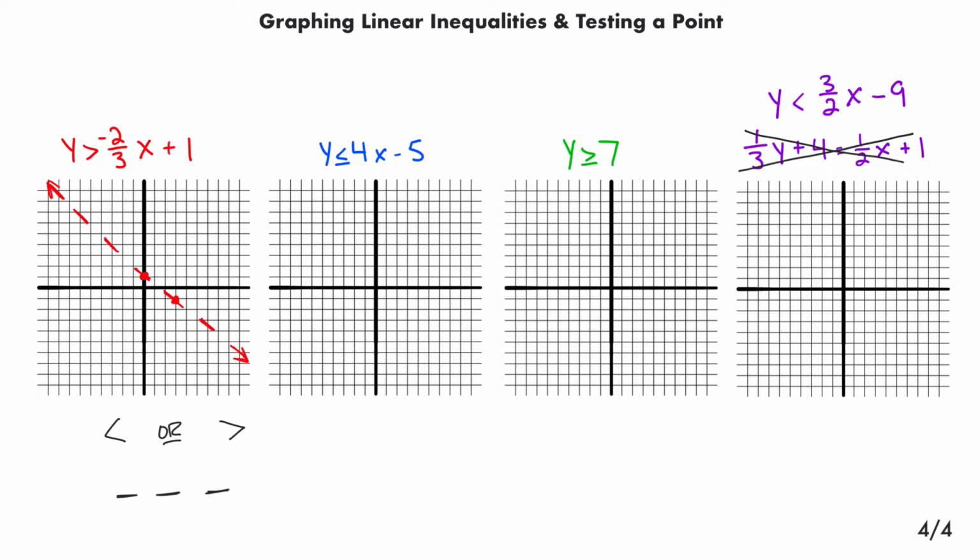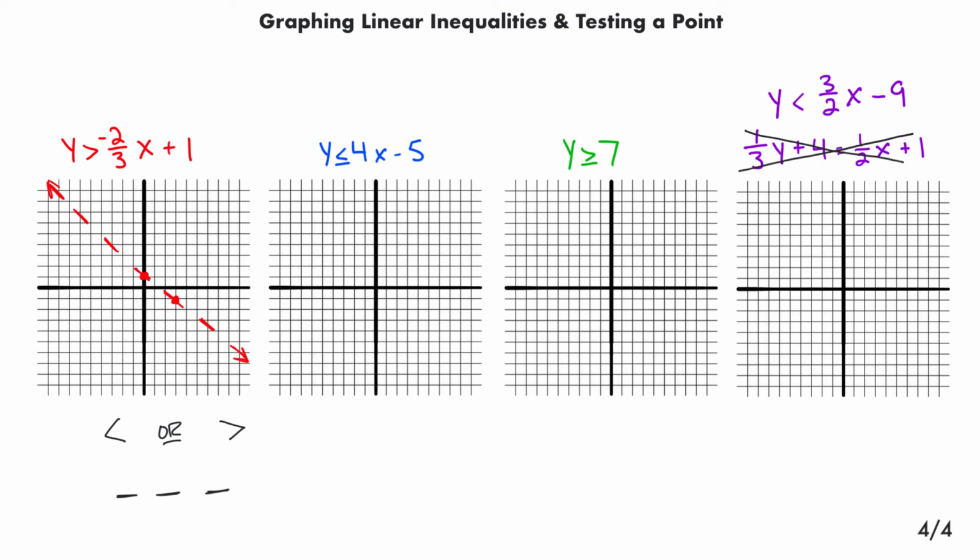Next, we are going to shade. We're either going to shade on one side of the line or the other. There are two ways you can figure out how to do this. There's the intuitive way, which is the way that I like, and then there's the algebraic way, which you've already done before. Here's the intuitive way. When looking at the original inequality, it says that y is bigger than the line.